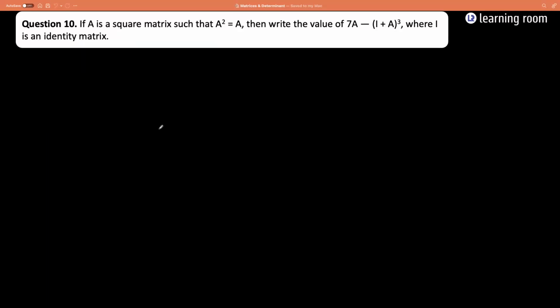Do this problem, fast. If A is a square matrix such that A square is equal to A, then write the value of 7A minus I plus A the whole cube, where I is an identity matrix, in the simplest form.